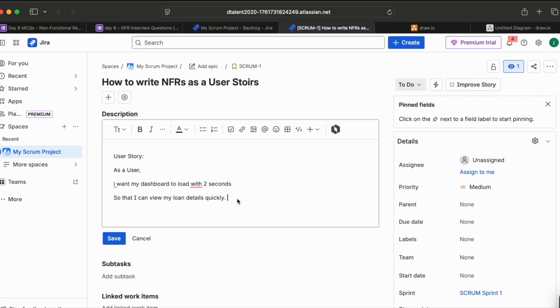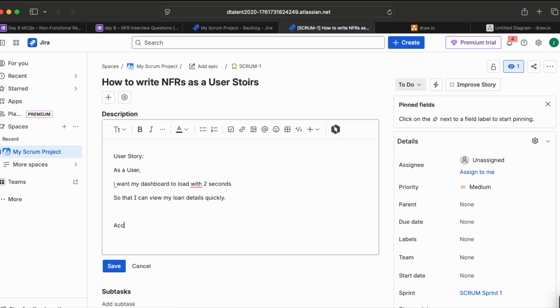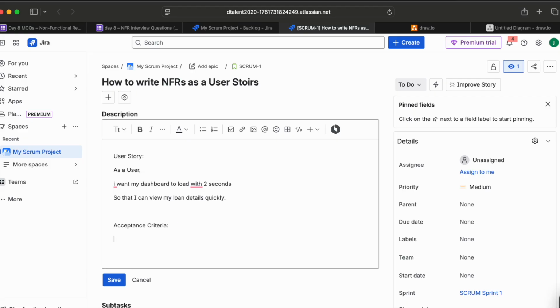So if you want to write quick acceptance criteria for this one, okay, so dashboard API should respond within 2 seconds under concurrent requests.